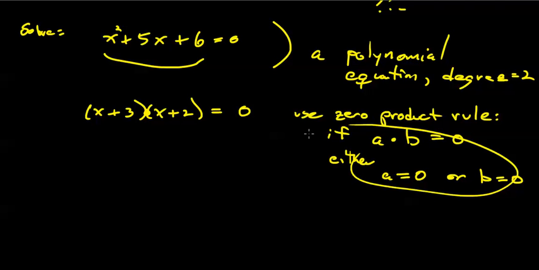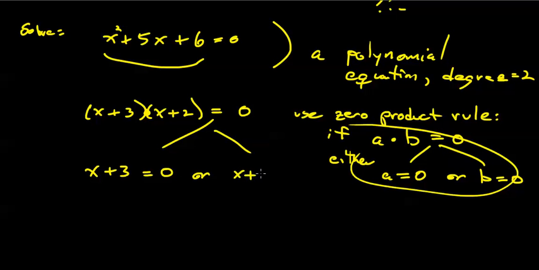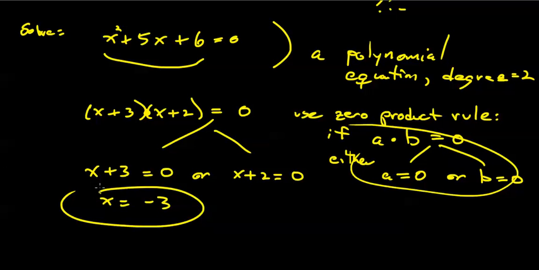So what I can do is use this zero product rule in this situation. In other words, branch this product equation into two other simpler equations. Well, of course, we can solve these very easily. So now x equals minus 3 or x equals negative 2 are our two solutions for x.